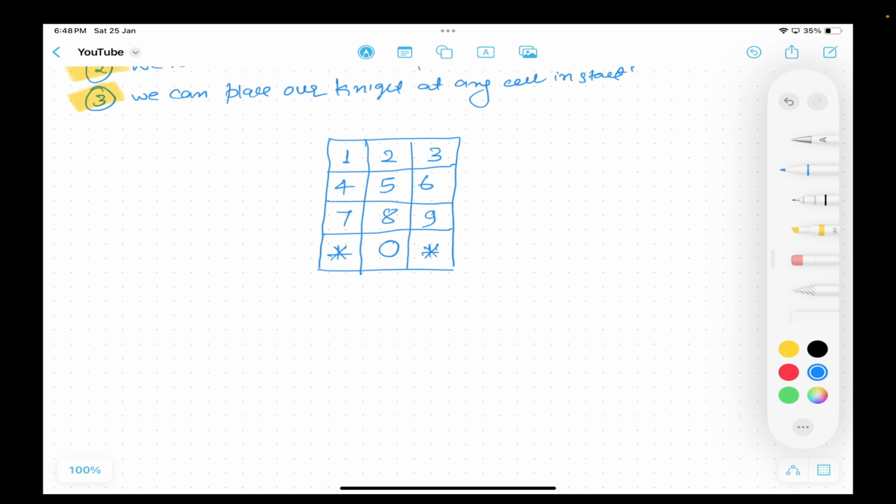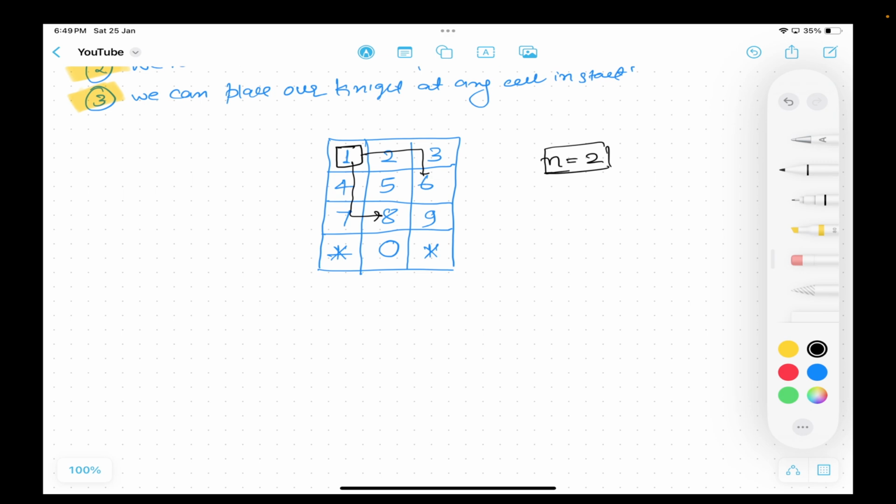One thing that we have to know is that we can start with 1, or start with 2, start with 3, start with 4 5 6. We can start with any number. Let's just see how many numbers we can make. If our n is 2, we have to make 2 length numbers. Let's say I'm starting with 1. If I am at 1, I can go here, I can go here.